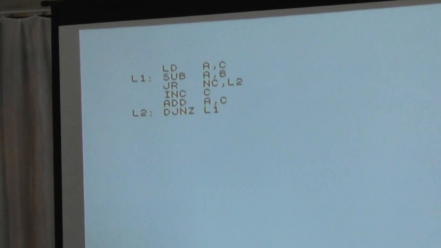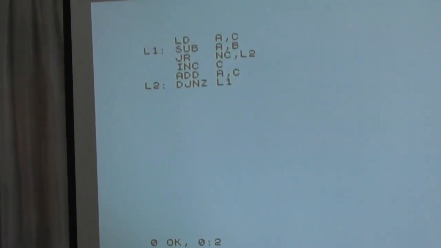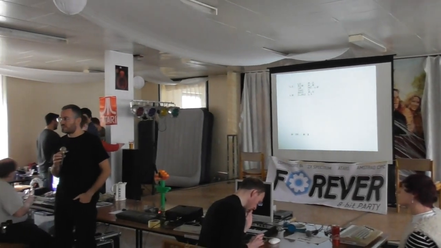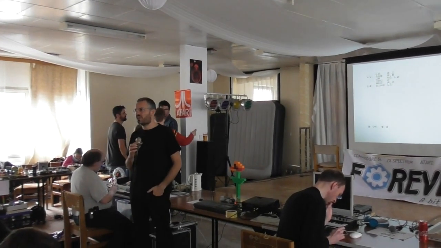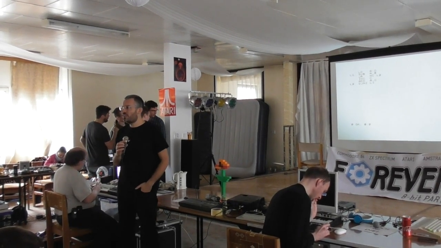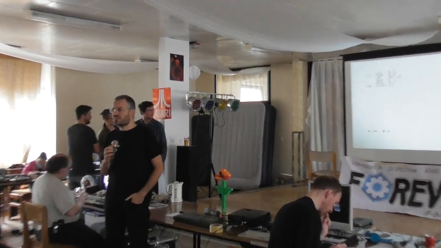The inspiration for this code was an archaeological find found in 2016. Actually, it was found earlier. I don't know when it was found, but it was understood in 2016. It's a Babylonian clay tablet, which was created about 4,000 years ago.